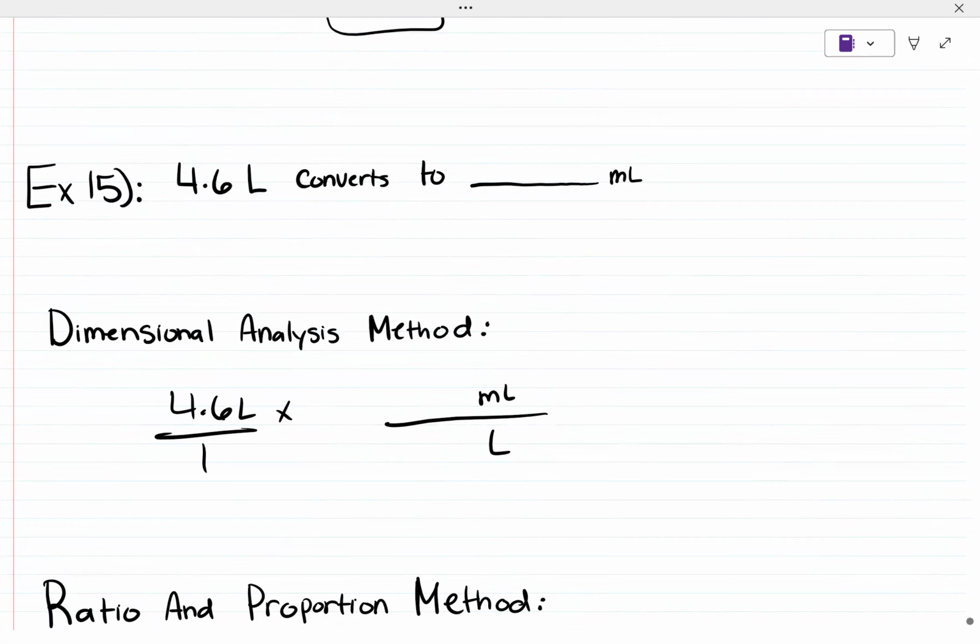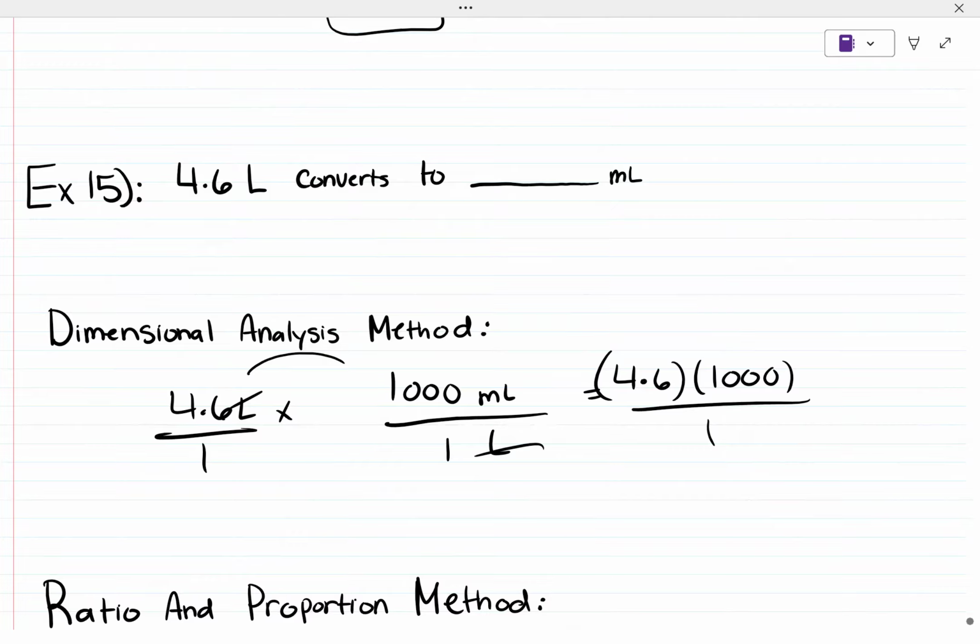So the relationship is for 1 liter, there's 1,000 milliliters. Okay, so the liters disappear and then multiply across. So it's going to be 4.6 times 1,000. That's going to be 4,600. Okay, must include these trailing zeros.